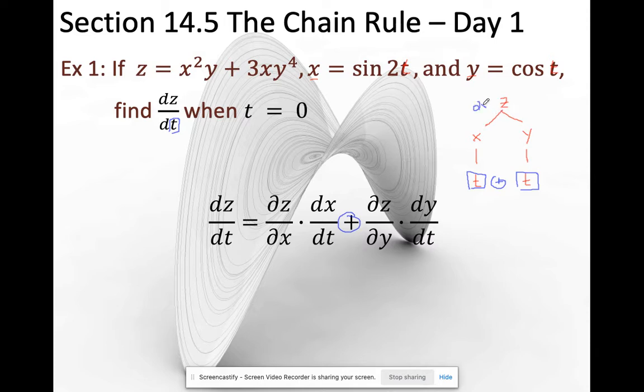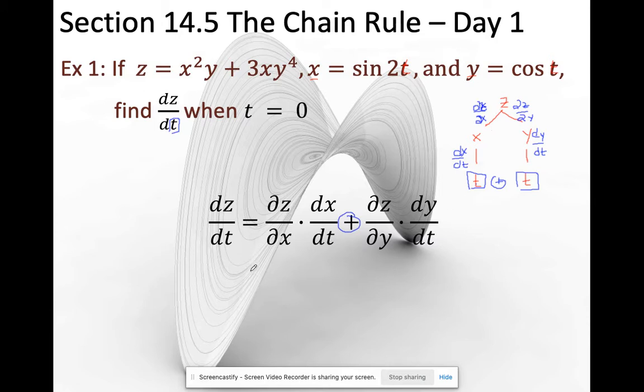Take the partial of z with respect to x, times dx dt, and take partial z with respect to y, as well as dy dt. Remember, since y and x are only defined in terms of one variable, I can say dx dt and not del x.